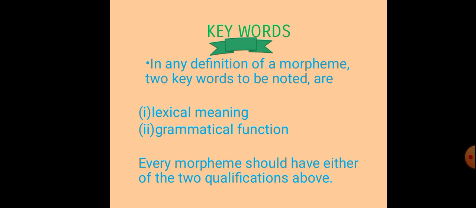In any definition of a morpheme, two key words can be noted. These are: one, lexical meaning; two, grammatical function. Every morpheme should have either of the two qualifications above.